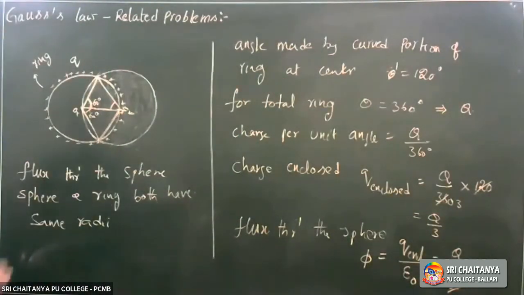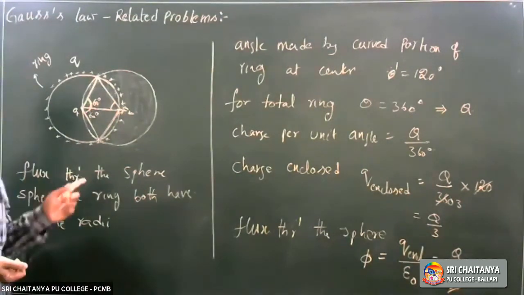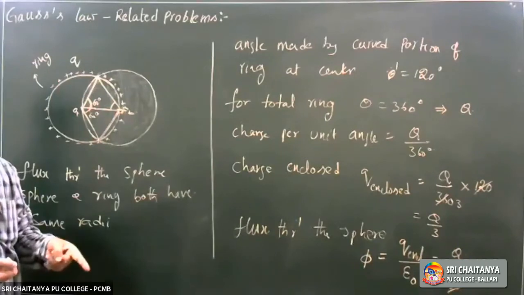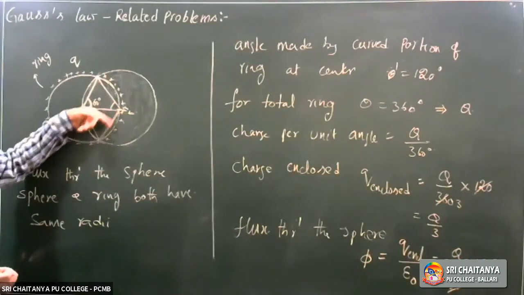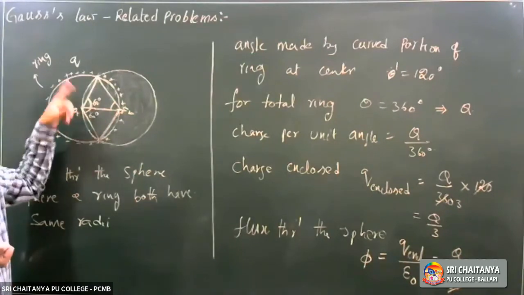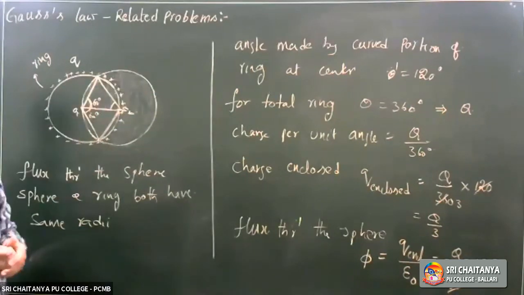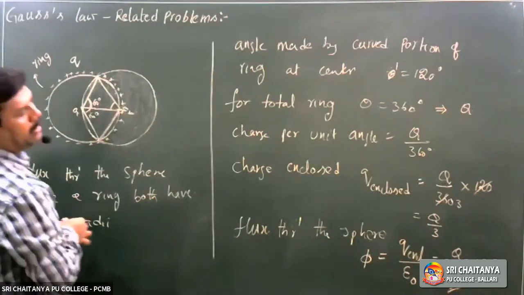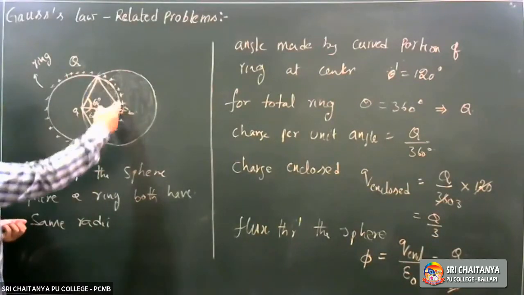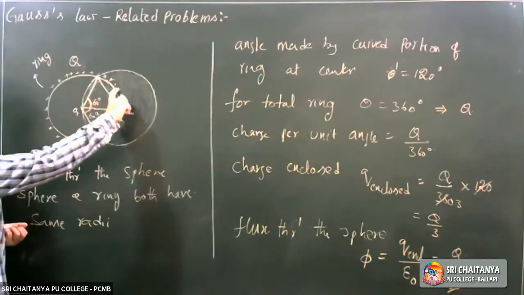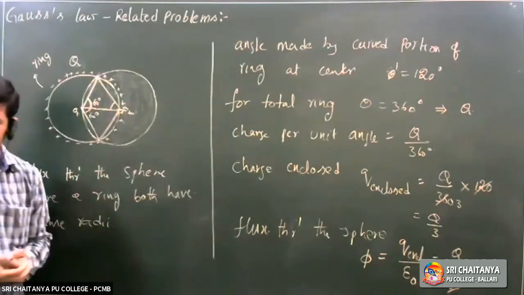Just listen to it once again, then you will come to understand. In the previous case, charge per unit length and charge enclosed. One model. Here, charge per unit angle. Whenever curved shapes are given, total charge per 360, given charge, and whatever the curved portion inside, how much angle it is making, for that what is the charge, that is enclosed.